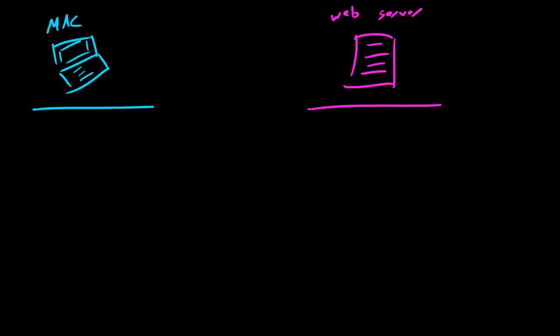But now let's look at a conversation between two computers trying to get a website. This is basically what happens whenever you request a website. If you're on your Mac, the first thing it does is ask the web server, can I connect to you? This is the first exchange. What the web server does is, if it has permission, it says yes.